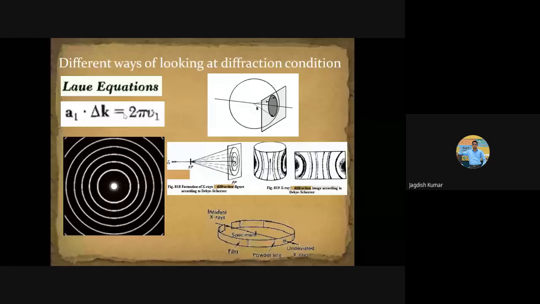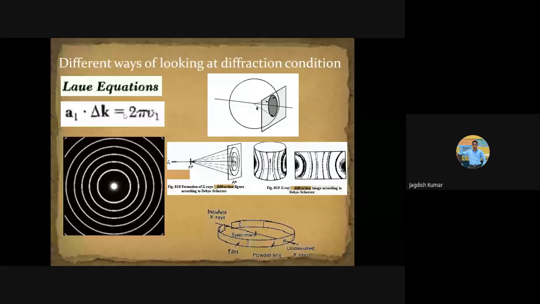Basically the requirement is that A1 dot delta K is equal to a constant as long as the angle between them remains fixed, because dot product is nothing but the product of their magnitudes and the cosine of the angle between them, right? And since the magnitudes are not changing, as long as the angle between the two vectors is the same, their scalar product is going to remain the same.